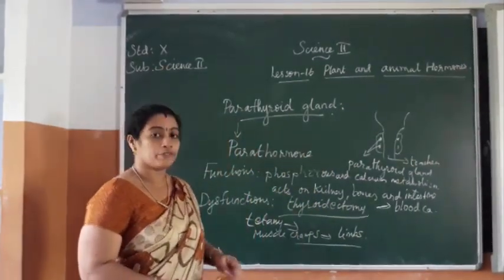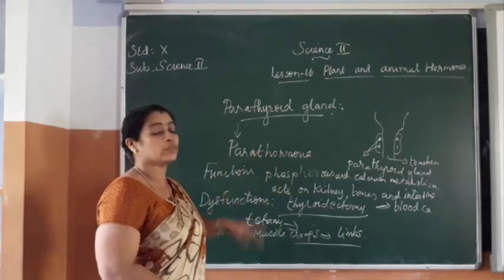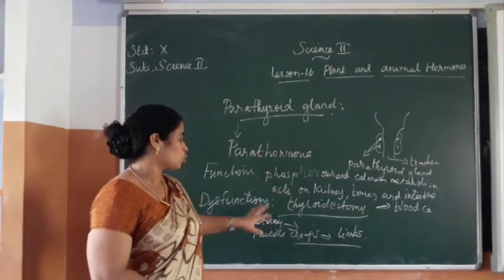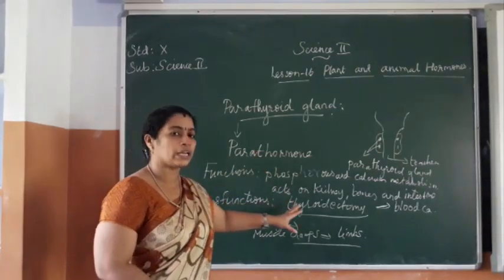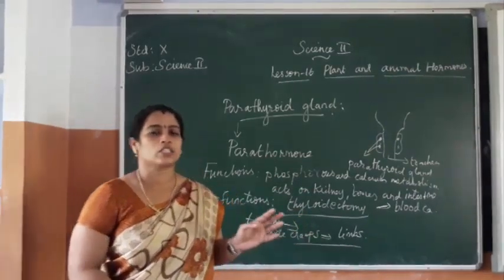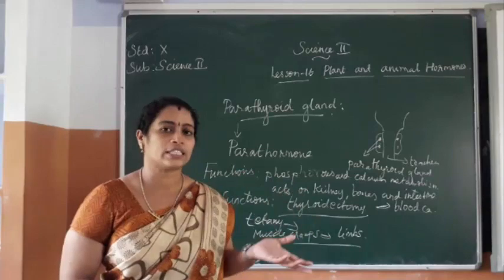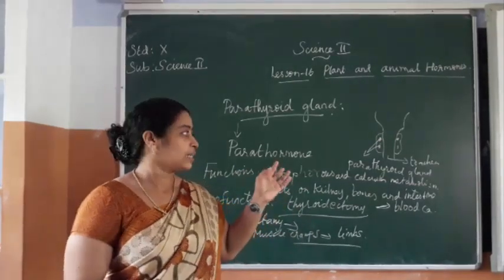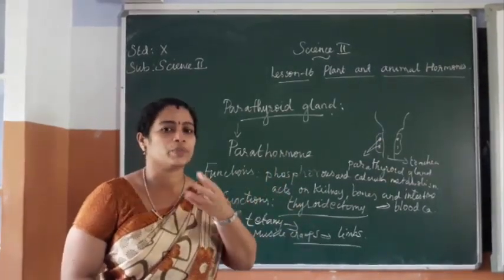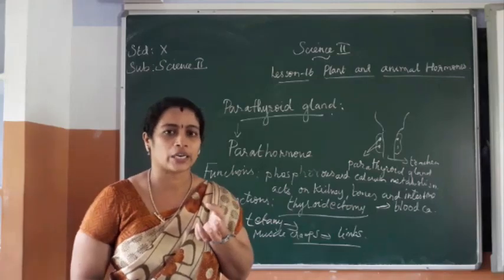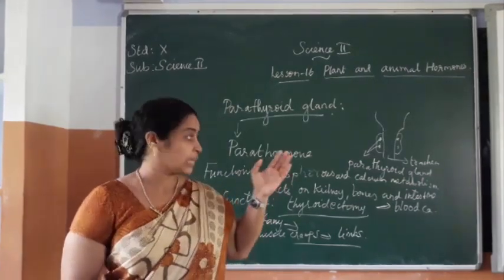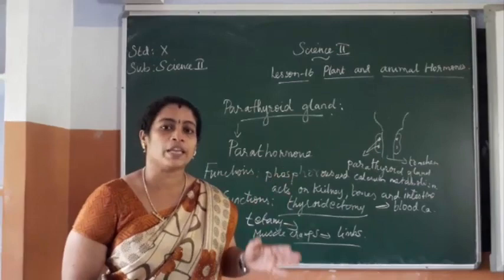What are the deficiencies caused because of the dysfunctioning of the parathyroid? In some cases the parathyroid becomes dysfunctional and will not secrete the hormone, as in thyroidectomy. Thyroidectomy means removal of the thyroid gland, and along with it the parathyroid gland also will be removed.